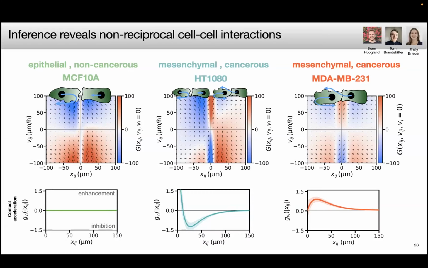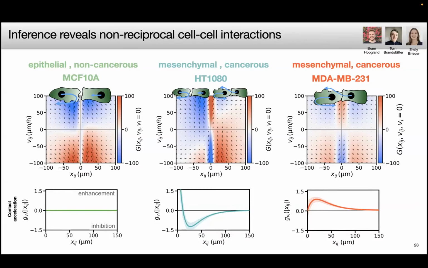The human breast cancer cell does the opposite. When it bumps into another cell, it hits the gas, it accelerates into the direction in which it was already going. Now, why is this interaction interesting? I think for two reasons. The first one is it's a non-reciprocal interaction, as opposed to all the other ones that we considered so far.